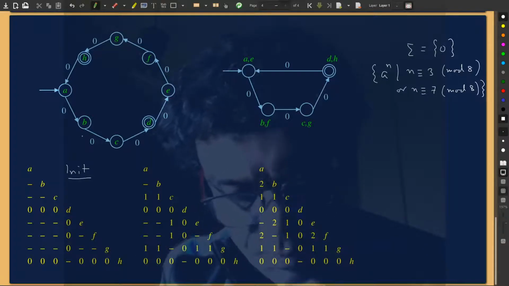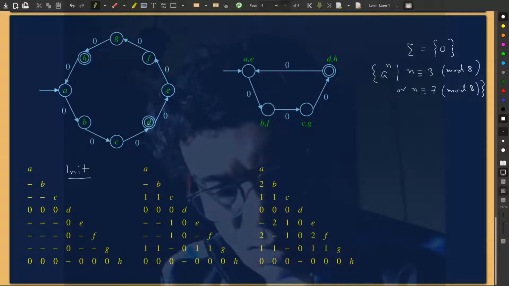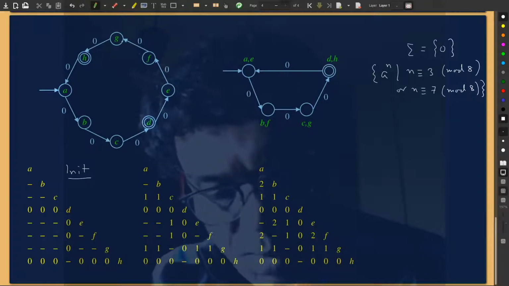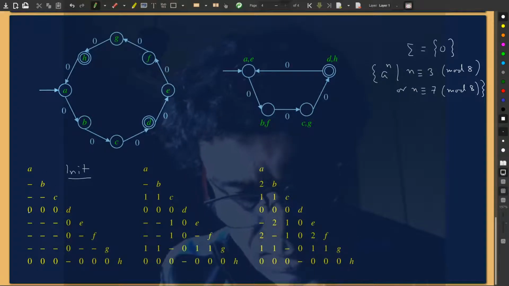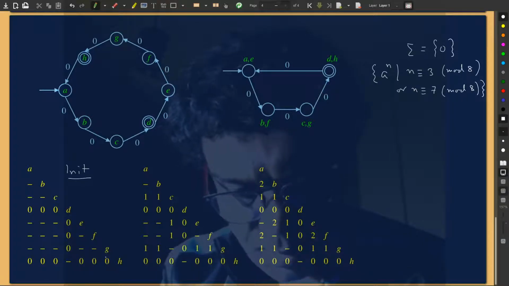This is because A, B, C are non-accept states. D I will mark with E, F, G. Okay. E I will mark with H, F with H, G with H. So this is the initialization marking pattern. Of course, I have used 0 here to indicate that these cells are marked during the initialization stage. Okay.